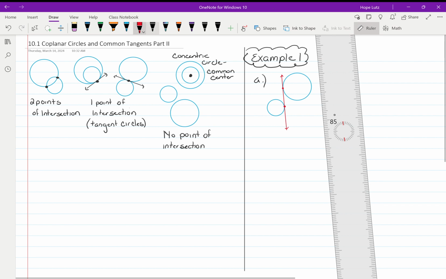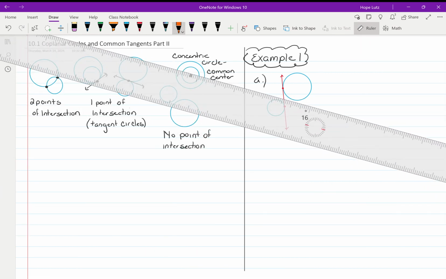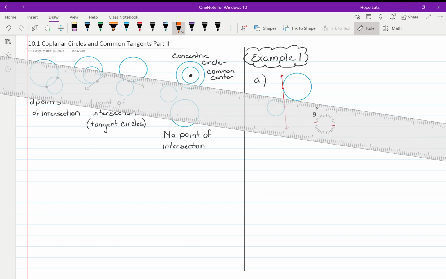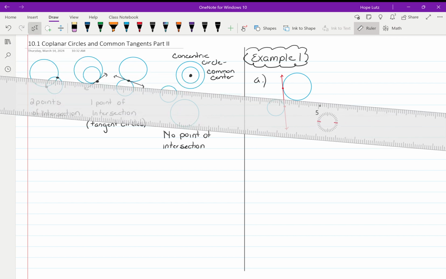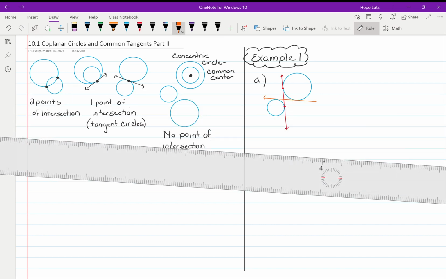So I'm going to do another one. I'll do it in orange, right here. So we're seeing how many times it can hit. Alright, so there's 1, 2 there.